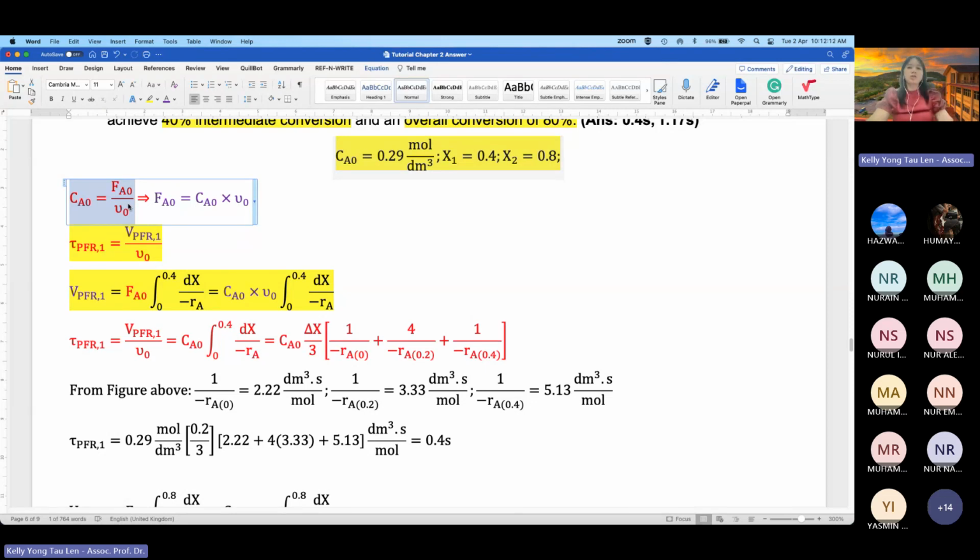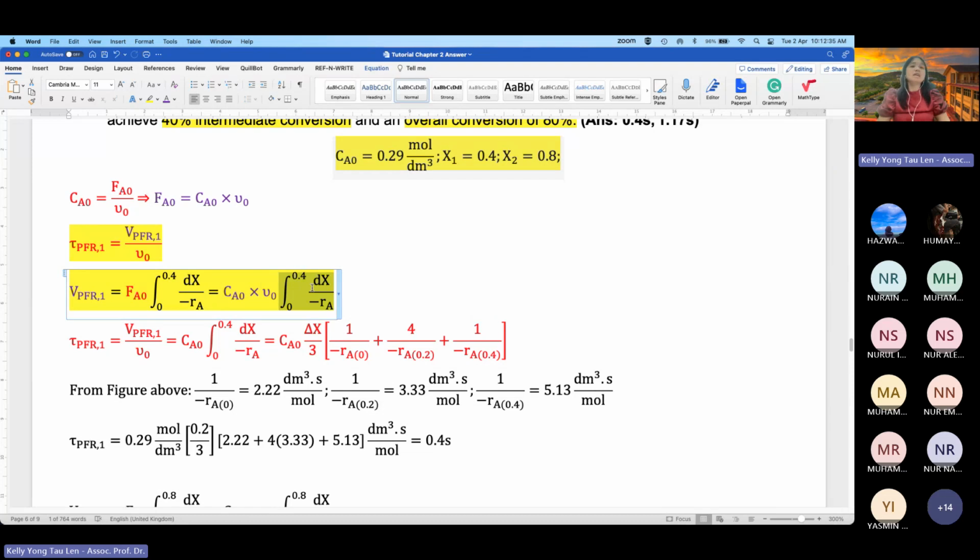Kita correlate concentration, molar flow rate dengan volumetric flow rate. So the correlation was concentration of A, CA naught equals to FA naught per epsilon naught. Therefore, FA naught equals to CA naught multiplied with epsilon naught. So instead of tulis FA naught, saya jadikan dalam bentuk CA naught multiplied epsilon naught.